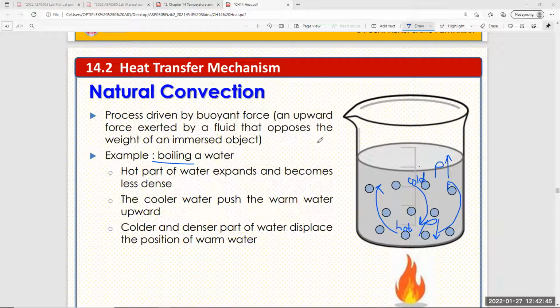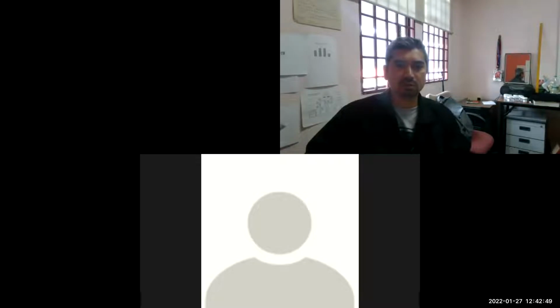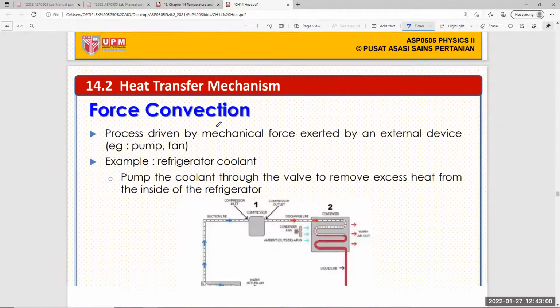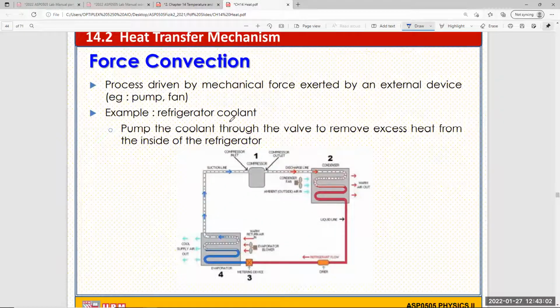Okay, this is due to the density. So this is what we call natural convection during boiling. Forced convection is the case that requires some energy or force.